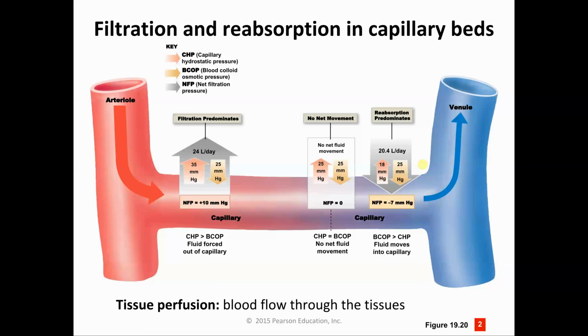But then, yeah, where there's no net movement, there would be net movement, and the BCOP would be predominating towards the vein. Because they're equal at the net flow under regular homeostatic conditions. But if there's a hemorrhage, you would lose the force going out, which would allow more to come in.